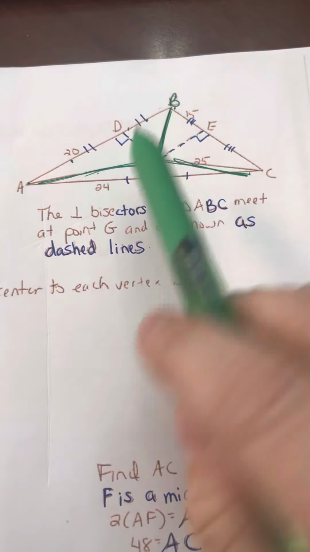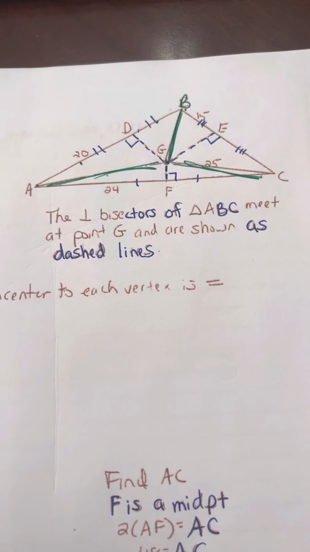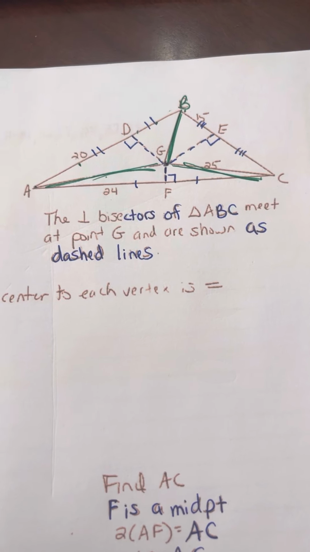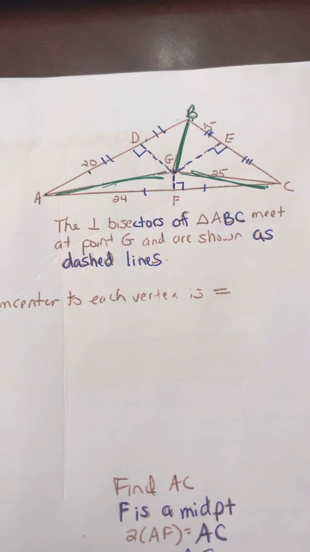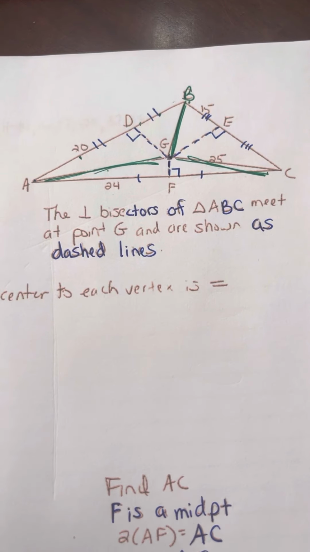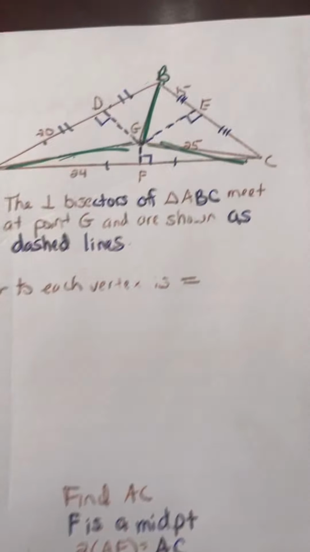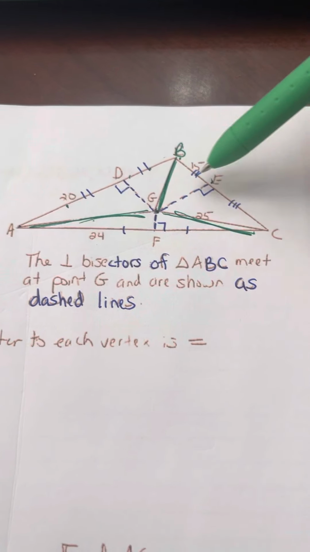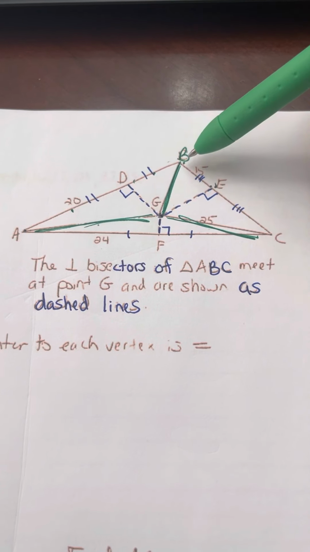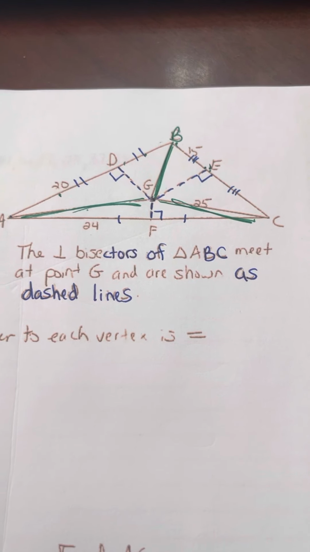Vertex to circumcenter, all of these green are the same. And if you use colors when you do these kinds of problems, I think it is very helpful, because then you can see the difference between perpendicular bisectors and the distance from a circumcenter to a vertex. And the last one is CE. So remember, E is my midpoint because this is a perpendicular bisector. So if BE is 15, then EC also has to be 15.